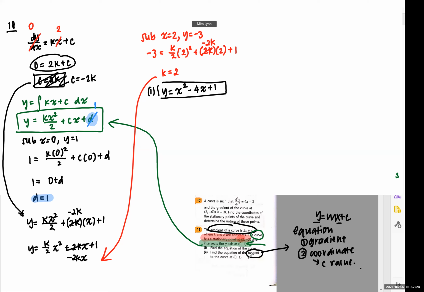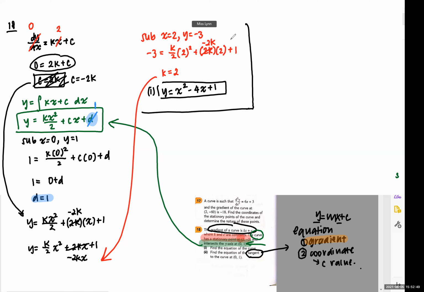So equation of the tangent means you need the what first? You need a gradient, right? So gradient is being represented by who? What's the gradient represented by?